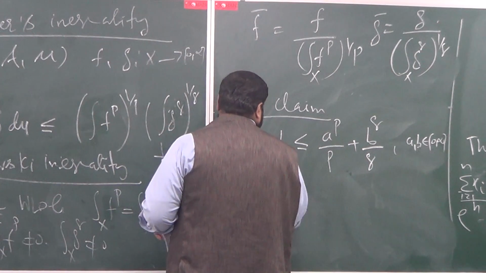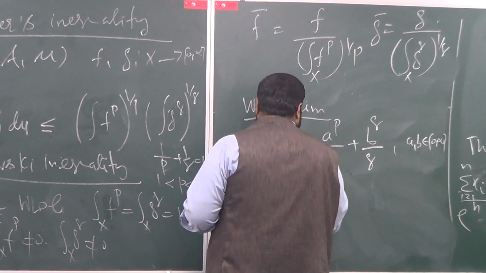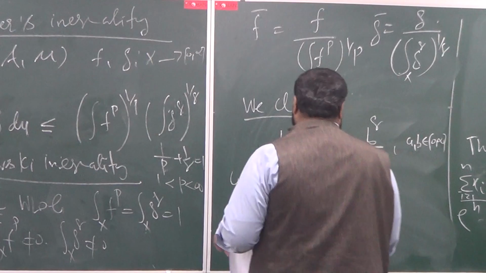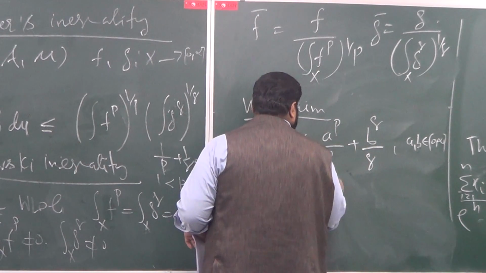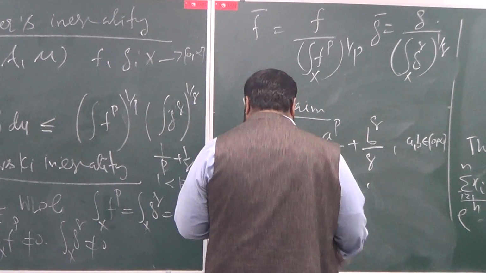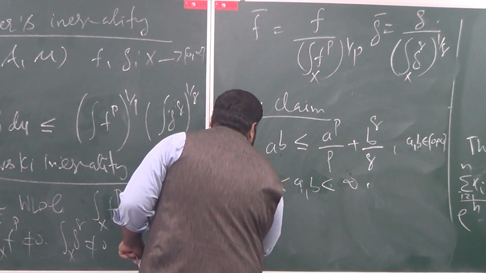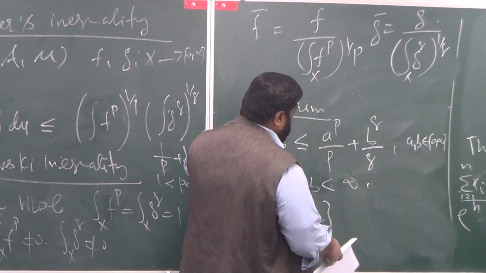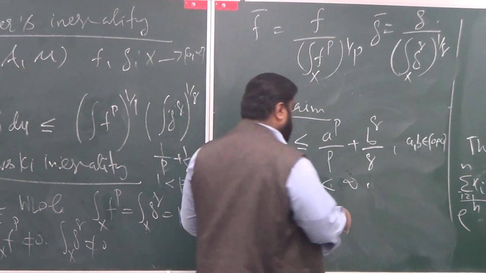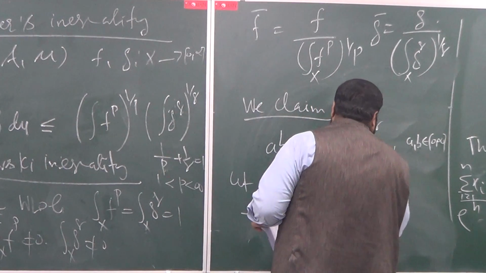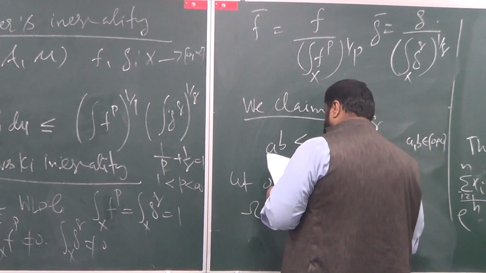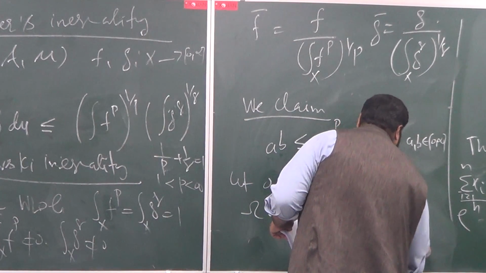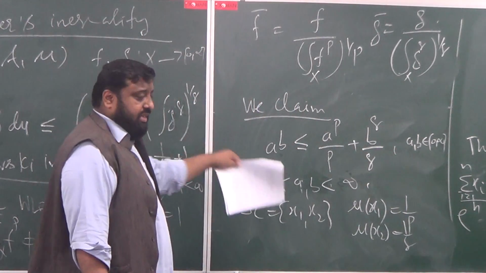So the interesting case would be when a and b are something in 0 to positive infinity. Convexity of e to the x. Both values in positive infinity. Now take omega to be x1, x2. I could have proved this as a lemma. Something such that mu of x1 is 1 over p and mu of x2 is 1 over q, because this p and q are the same that you have fixed.